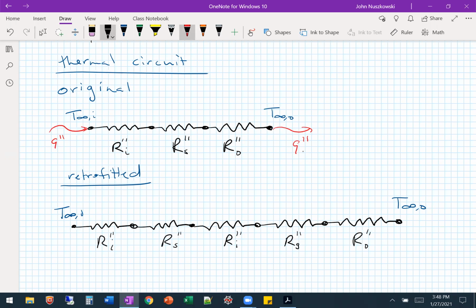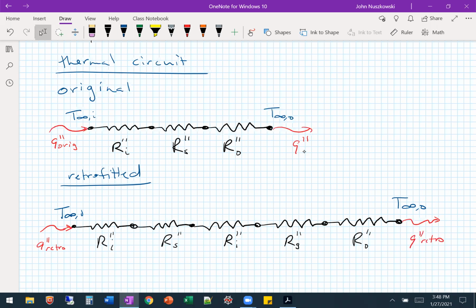And this was the heat flux for the original here. And now we'll have our heat flux for the retrofitted there.